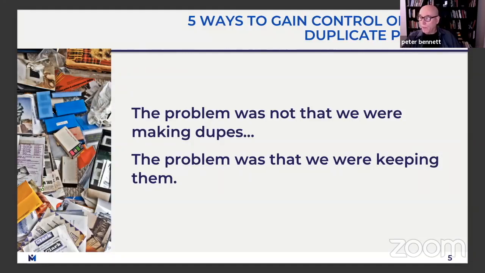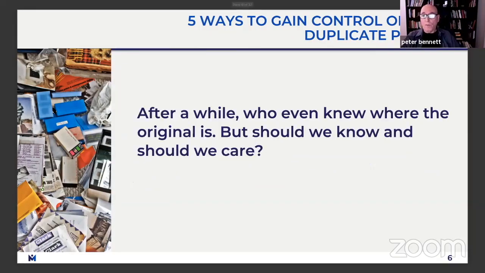We do make these things for good reasons. The problem starts when we don't delete them and get rid of these temporary dupes once the need for them has passed. Instead, not only did we keep them, but we lost track of them. And then all too often, they ended up in our photo catalogs or just scattered around in various corners of our hard drive. And after a while, who even knew where the original was? But should we know, and should we care?